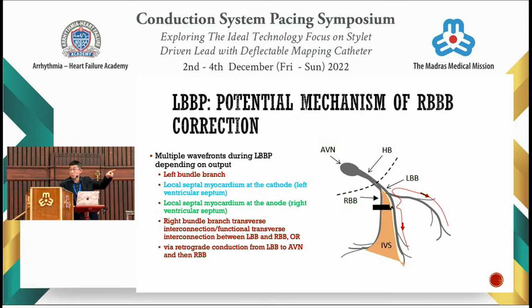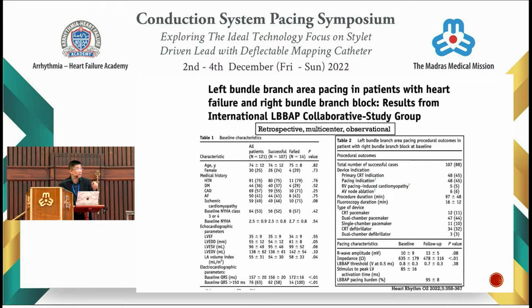Left bundle goes down, goes towards the right. You can have the deep septal capture on the left side, going down the septum, going back down to the right. You can have your anodal capture, going from the right septum, going towards the right side. Or you can have retrograde activation from the left bundle towards the right side. And often it's a combination of all of this in an attempt to correct the right side.